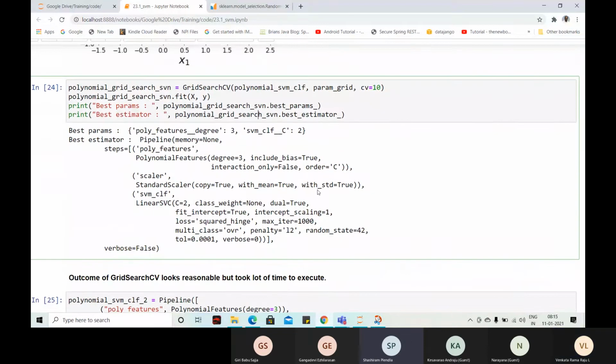I don't think that is reliable. It is reliable only when you already know the hyperparameters closely.